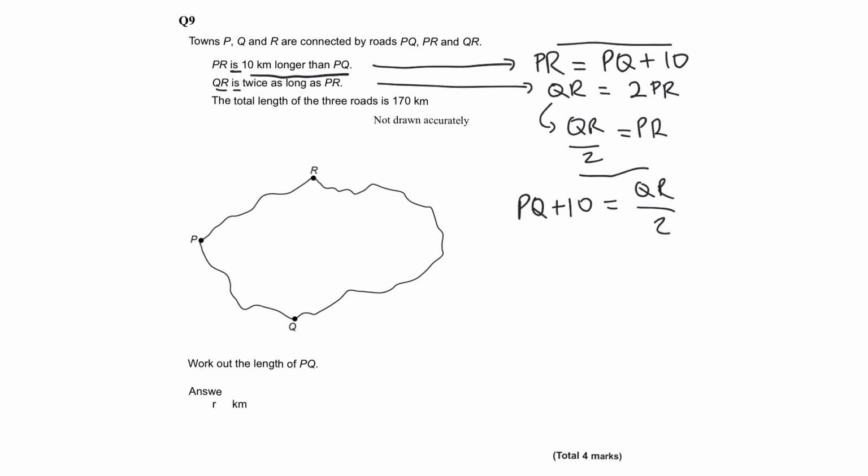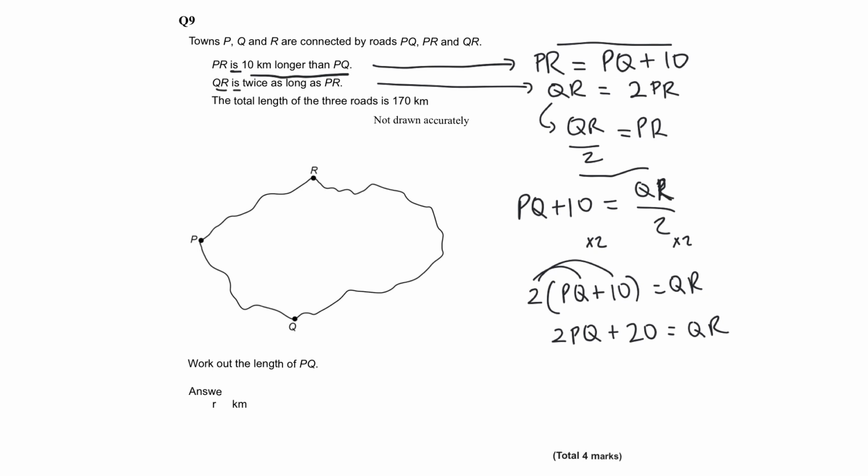Now that I have this, I'm going to rearrange it to make QR the subject. I want to write QR in terms of PQ, so I'm going to multiply by 2 on both sides. That would be 2 bracket PQ plus 10 is equal to QR, and if I expand, that's 2PQ plus 20 is equal to QR.